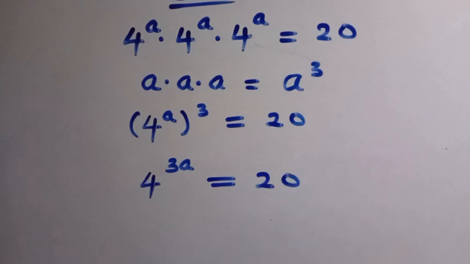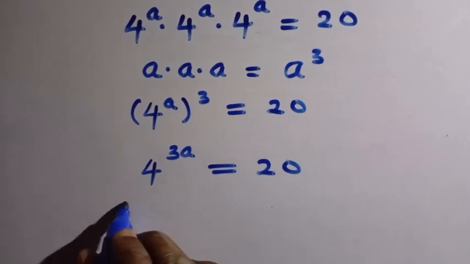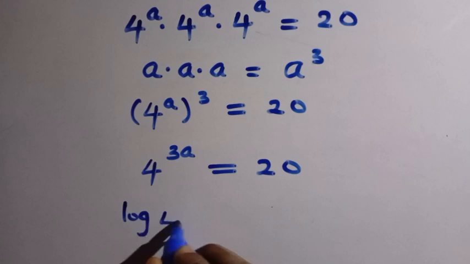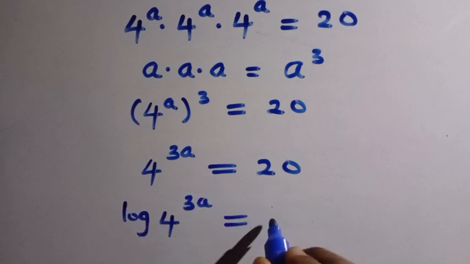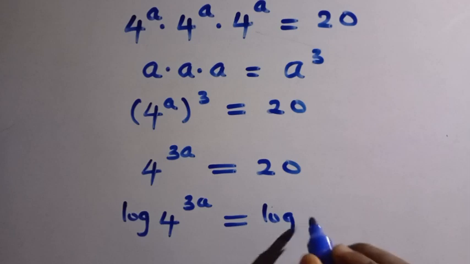So after having this, the next step here is we introduce logarithm on both sides. Here we have log 4 power of 3a equals log 20.